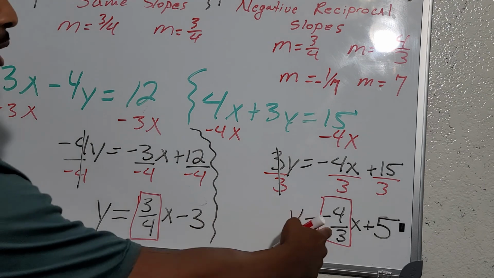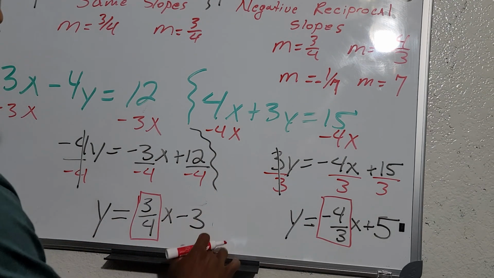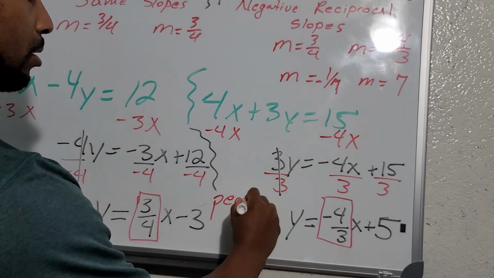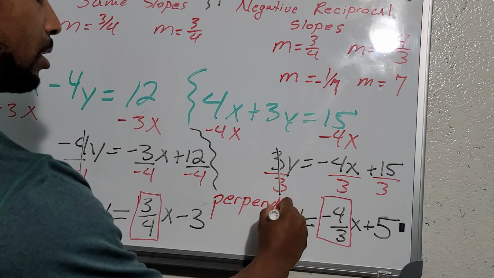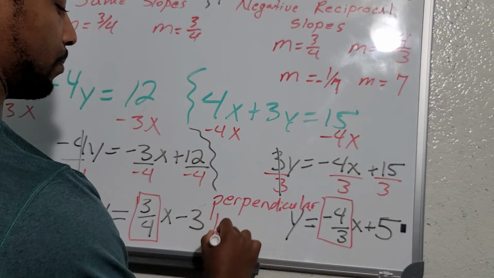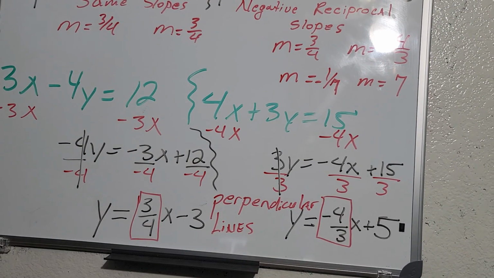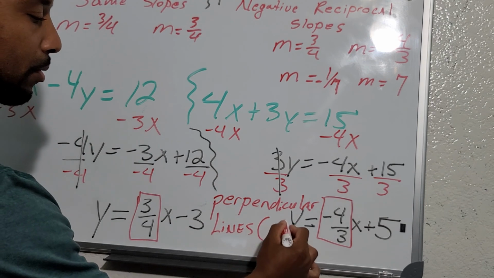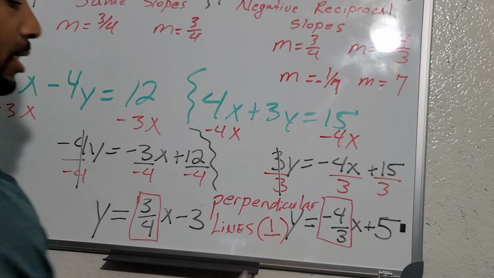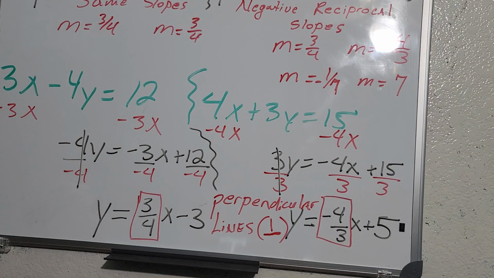Since these two slopes are negative reciprocals, I would say that these two are perpendicular. So here I'm going to write the word perpendicular. Perpendicular lines. And the symbol for perpendicular, and I'm going to put it in parentheses, looks like a T, but it's upside down and it does not connect. All right, that's the symbol for perpendicular.